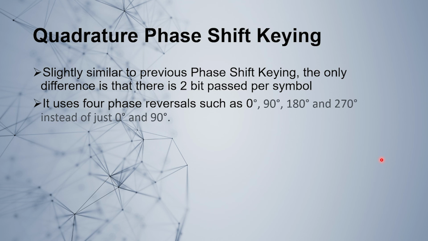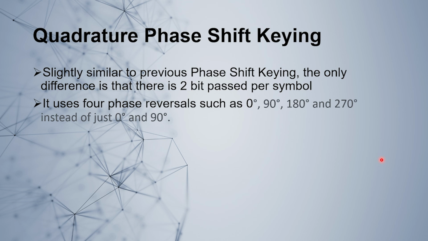Okay, so this is the extension of phase shift keying. In phase shift keying, we have another type. We call it quadrature phase shifting. Quadrature phase shifting is slightly similar to the previous shifting, but the only difference is that we pass on 2 bits per symbol.